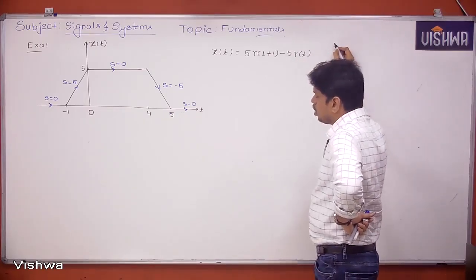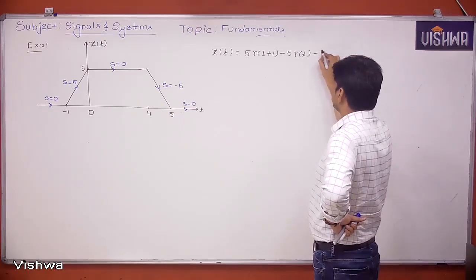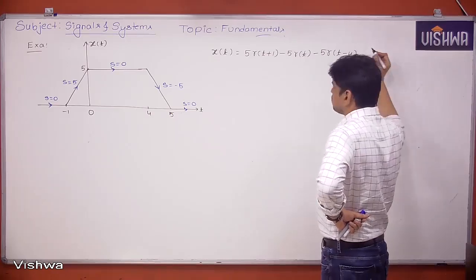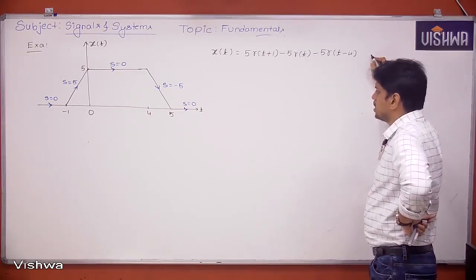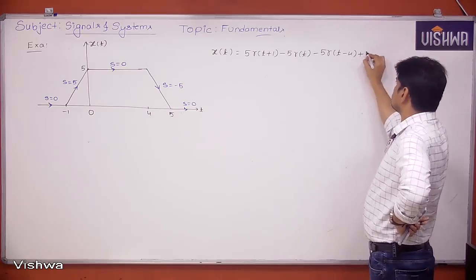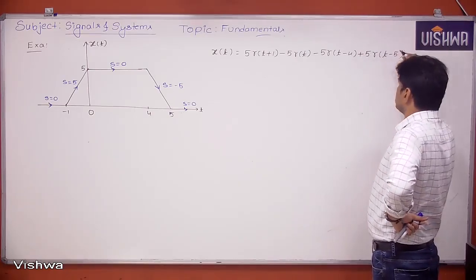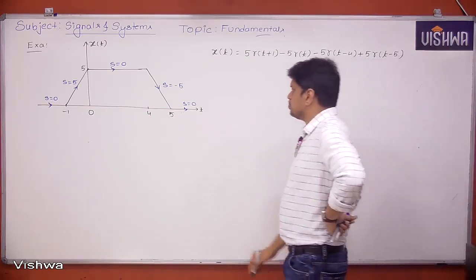At 4, how much is the slope change? Minus 5 minus 0. Minus 5 r of t minus 4. At 5, how much is the slope change? 0 minus of minus 5. That is plus 5 r of t minus 5. So this is the x of t signal expression.